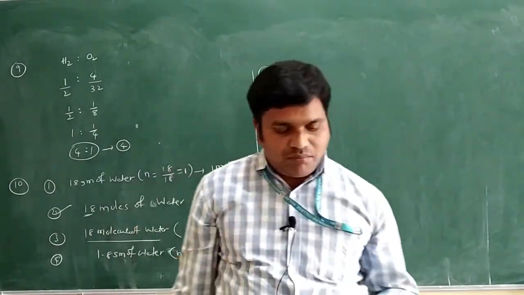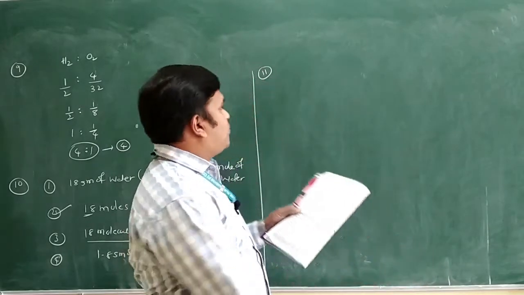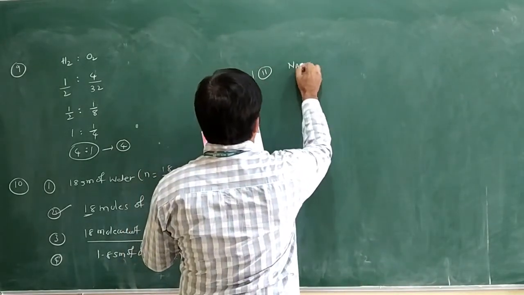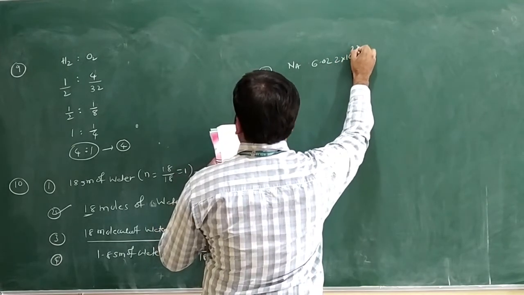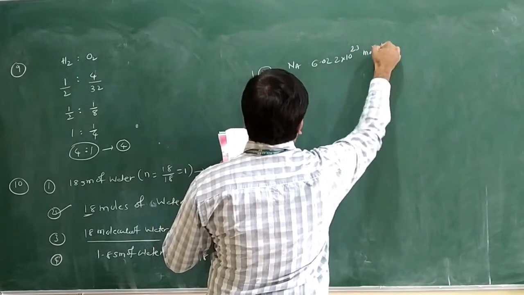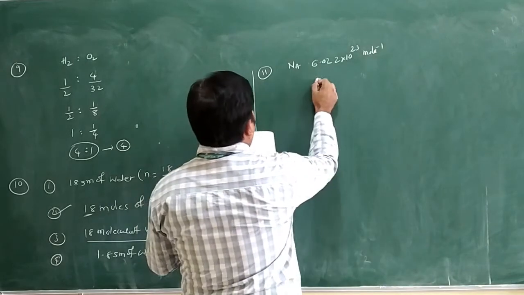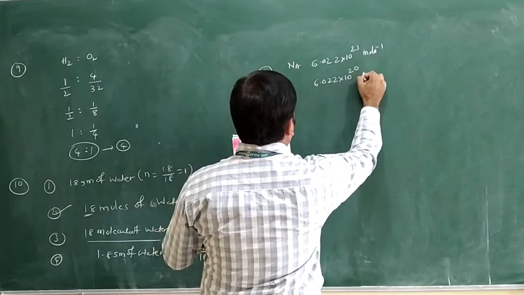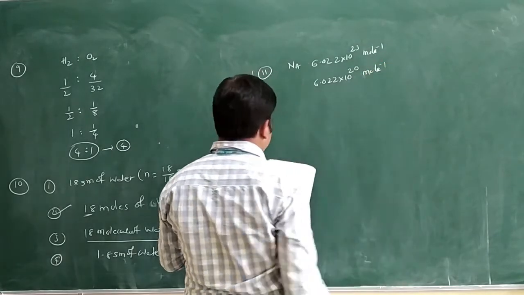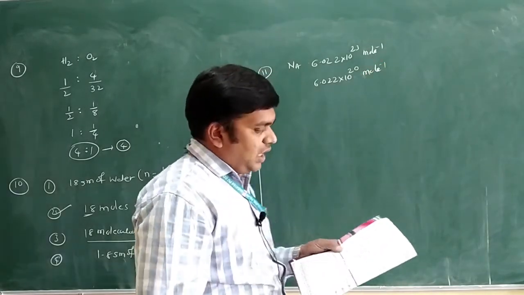If the Avogadro number NA is changed from 6.022 into 10 power 23 per mole to 6.022 into 10 power 20, that is, changed by 10 power minus 3, what would change?